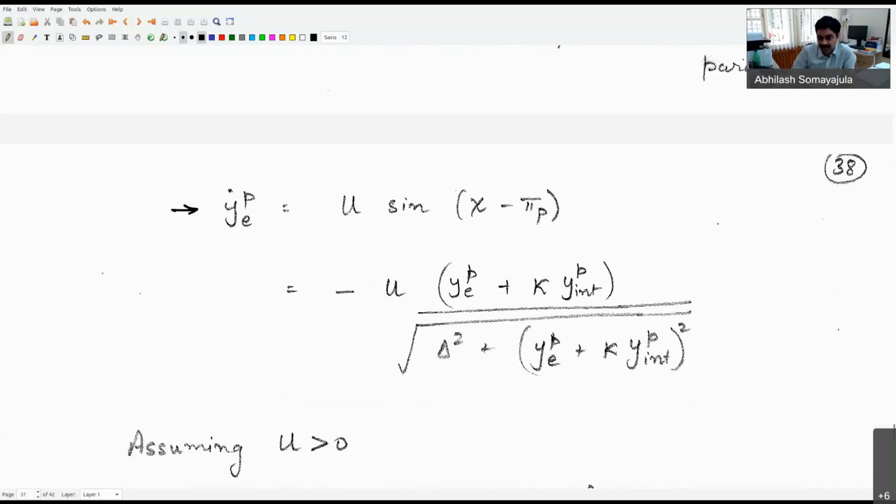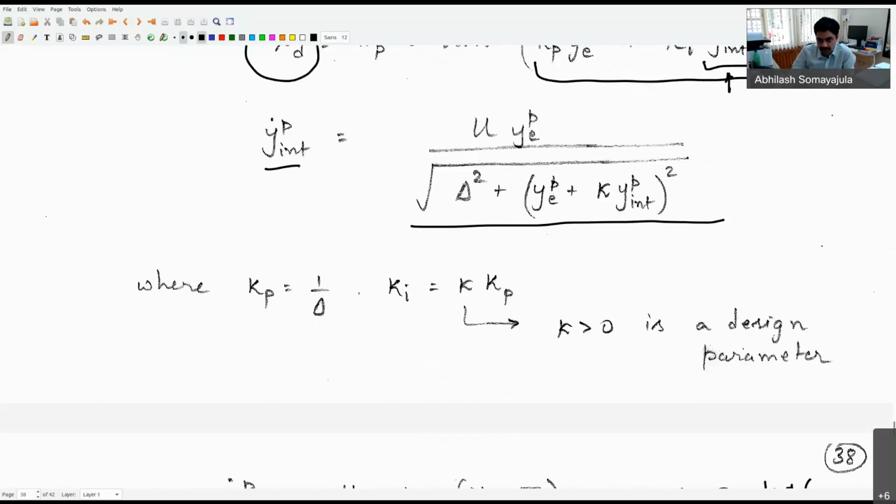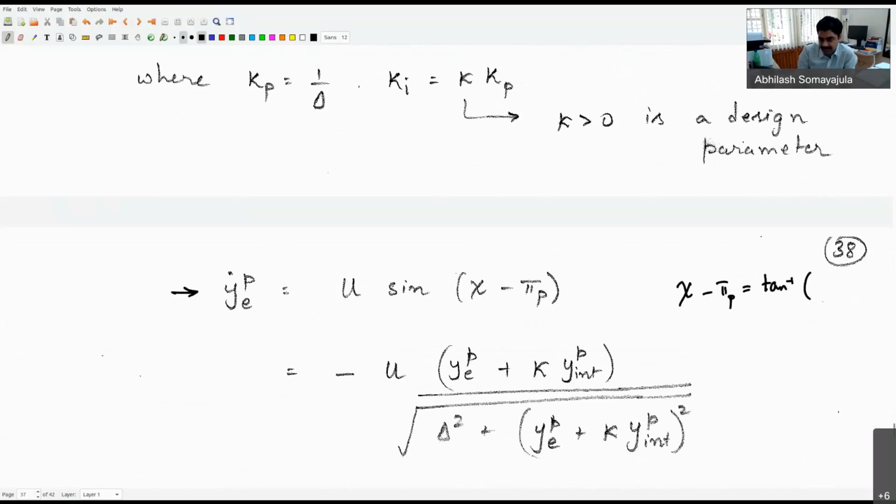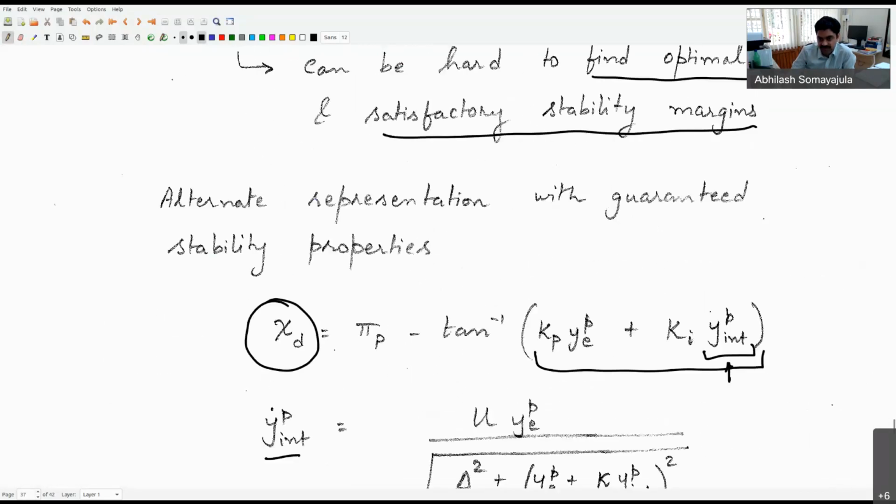So this chi minus pi p was tan inverse of kp times ype. So that's basically ype by delta plus some k times yp int. That's what I have here, right?